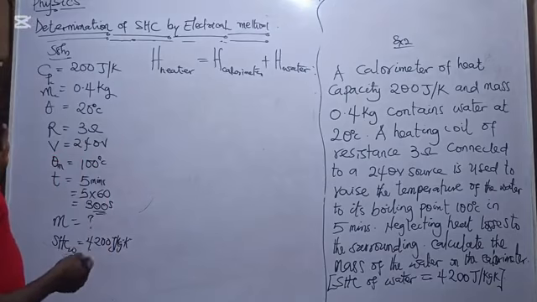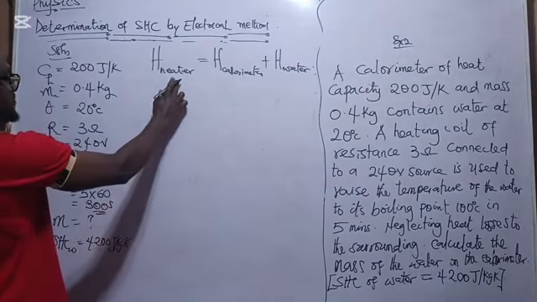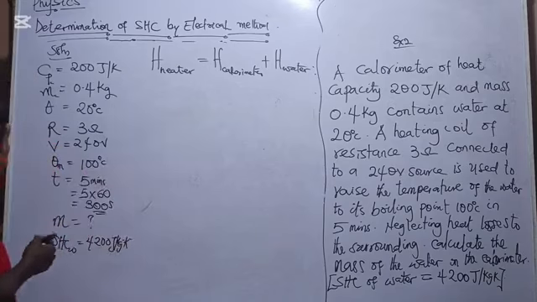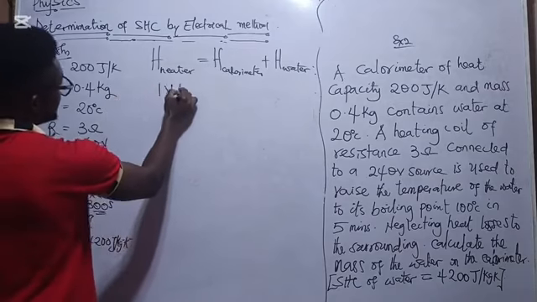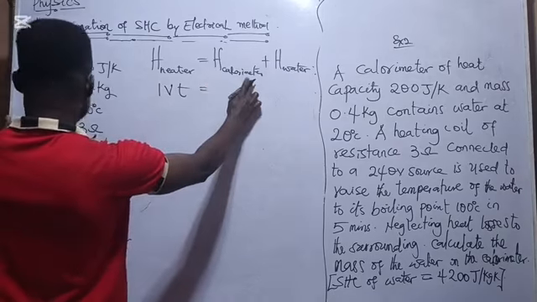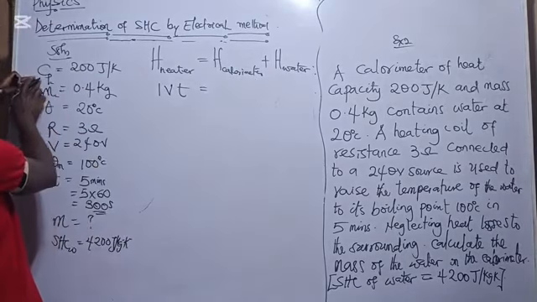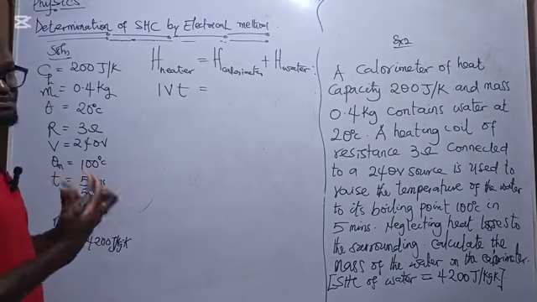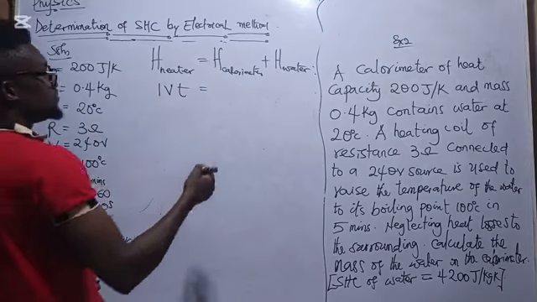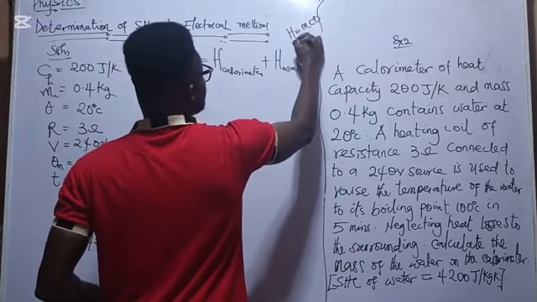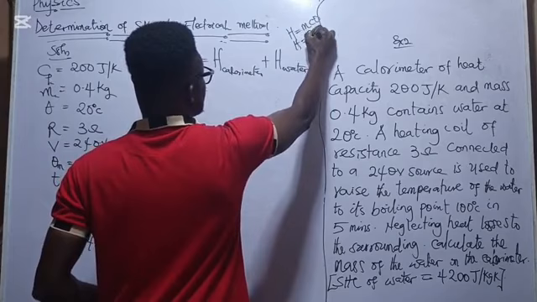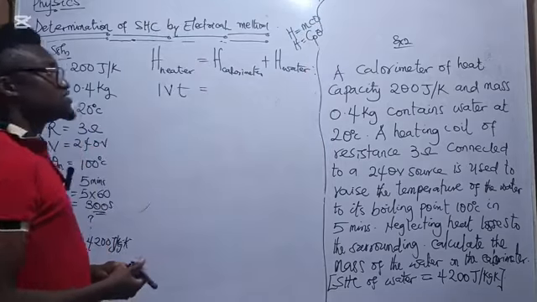Now at this point, we have the heat supplied by the heater. That should be electrical heat. Now we start with this IVT. Then the calorimeter: we have the heat capacity given, not specific heat capacity. If you recall, heat is equal to MC theta, that same heat is also equal to heat capacity times temperature change.